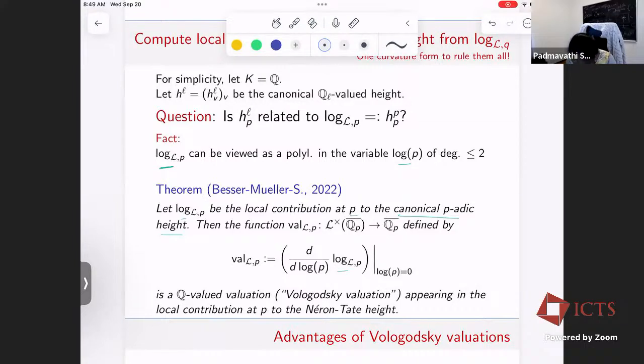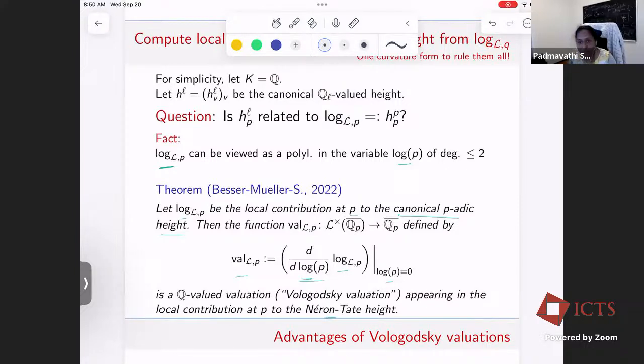One way to express that is to take the derivative with respect to this formal variable log P and evaluate at log P equals 0. So this is the coefficient of the leading term. This coefficient, this dependence on log P, behaves like a valuation. And it's not any old valuation. It is a Q valued valuation that shows up in the contribution to the Néron-Tate height.